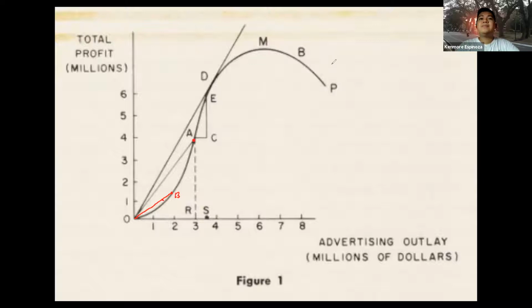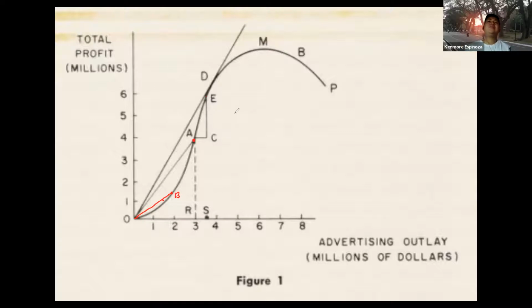Now, ano naman ang sinasabi kapag marginal? The marginal tells us that the marginal is actually the slope of the curve. You get the slope of the curve. In this case, let's say for example, you're trying to get the marginal of A to E. You draw a straight line again from the origin at point E, then you get the slope from point A to E, and that would give you your marginal.